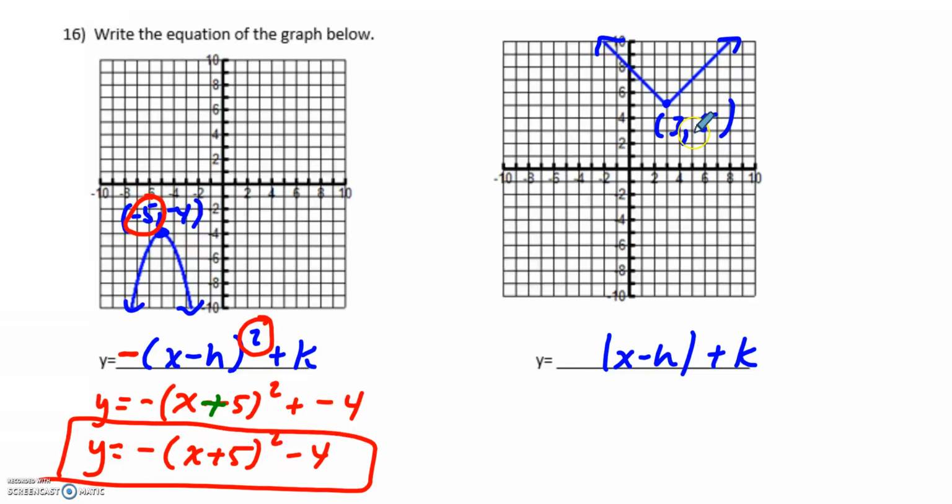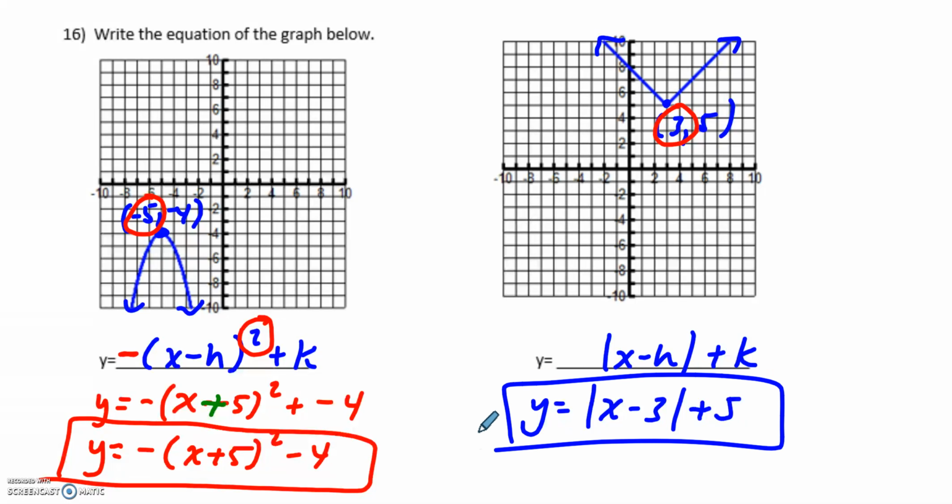So if I thought about plugging this into my equation here, I would have y equals the absolute value of x minus 3, because the h value is the x value of your vertex, and then plus k would be plus 5. And again, if you think about it, this has to be my answer, because I do not have a negative in front, which means the absolute value is facing upwards.